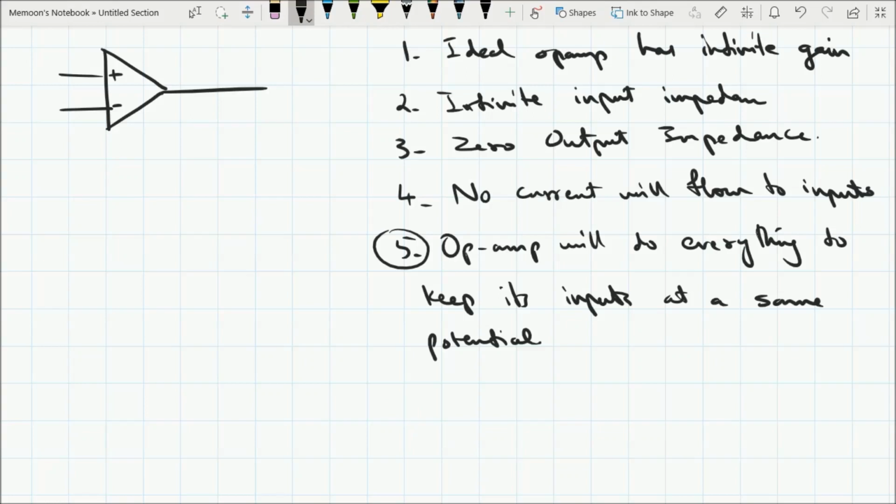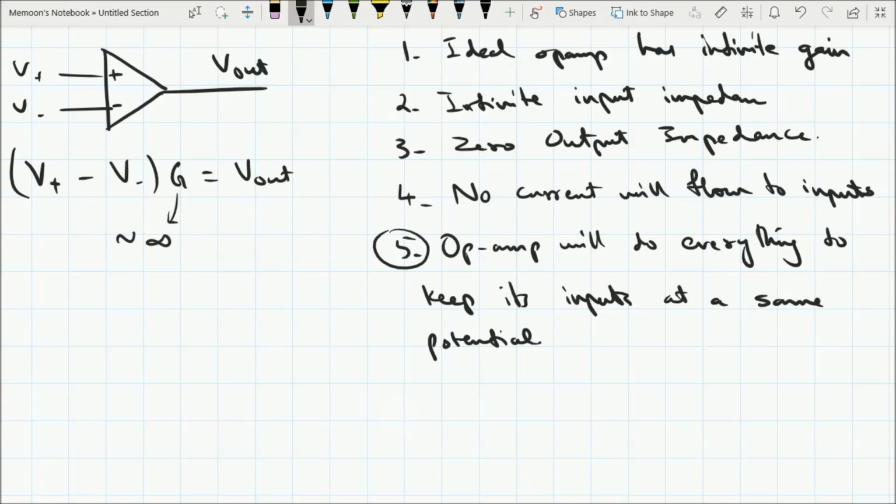The transfer function of this open loop configuration is (V positive minus V negative) times gain is equal to V output. Now if this gain is infinite, it doesn't matter how much the difference between V plus and V minus was. So this delta V doesn't matter.